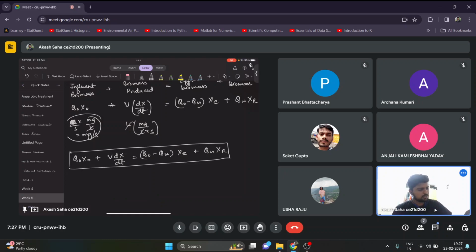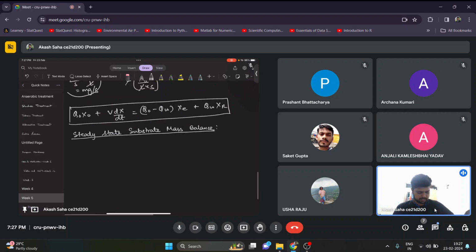Now similarly, we will do the steady state substrate mass balance. What will be my influent substrate that is coming into the system? It will be again Q naught into S naught.